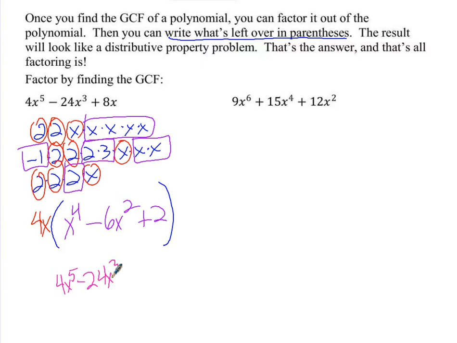And then 4x times +2, which is +8x. And that is exactly what I started with up there. So I've accounted for everything. And I'm actually coming up with a problem that looks like a distributive property problem, but I don't have to actually distribute it because I went the other way. I've undone the distributive property, which means I've factored for the first time.